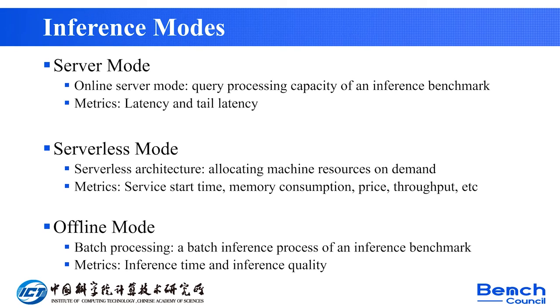The serverless model is loading machine resources on demand. The metrics are the server start time, memory consumption, and peak throughput. Finally, the offline model is based on batch processing of an inference benchmark. The metrics are inference time and inference quality.